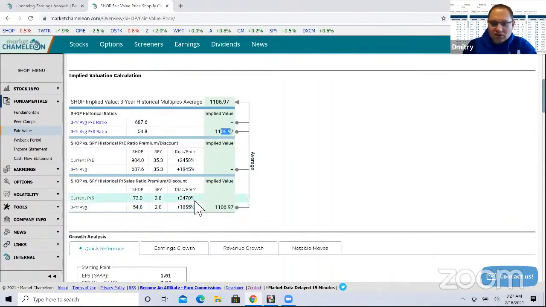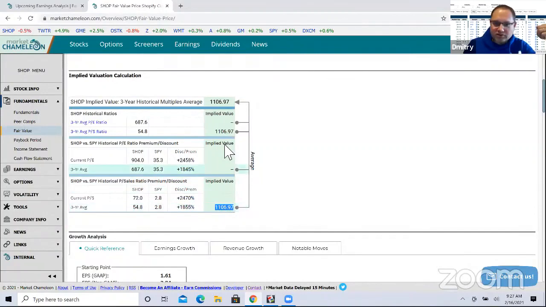We could also take a look at relative to the SPY. I'm going to skip the PE because it's been all over the place. So here's Shopify's price to sales ratio versus SPY's. Right now you can see it's at a huge premium. This is the 3-year average premium of Shopify's price to sales versus SPY.